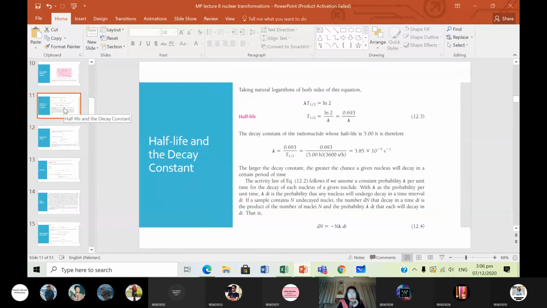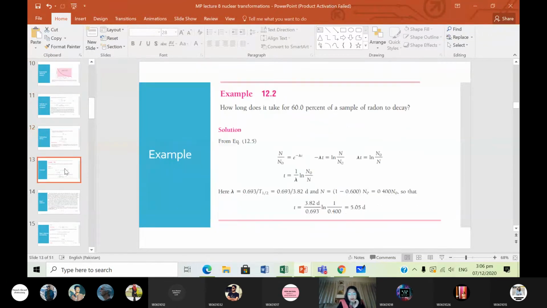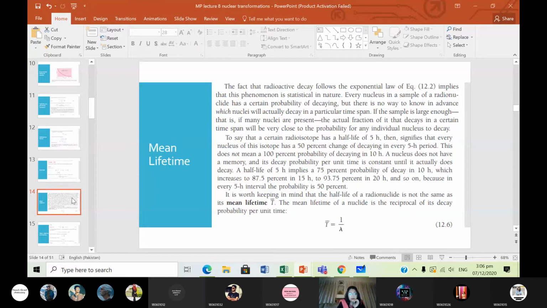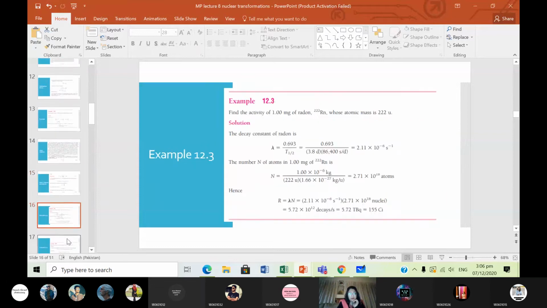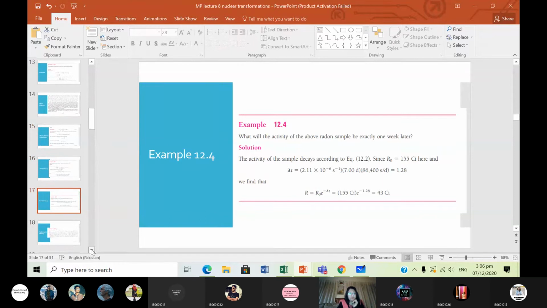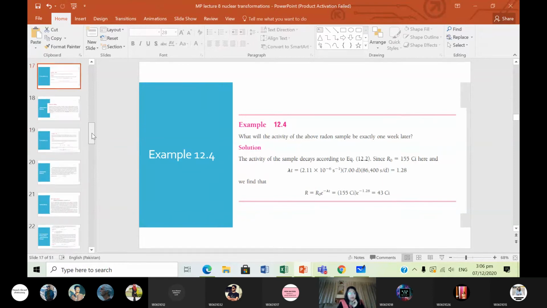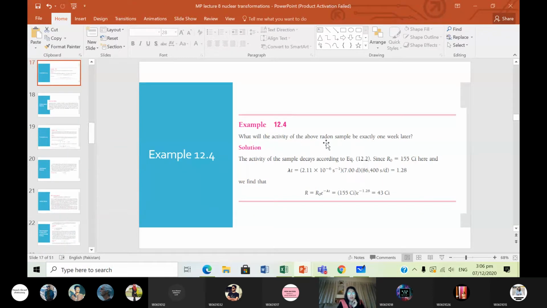Where are we? Okay, so we are here. We just did this example, and now we will do another example. So what will be the activity of the above radon sample exactly 1 week later? So we have this equation.